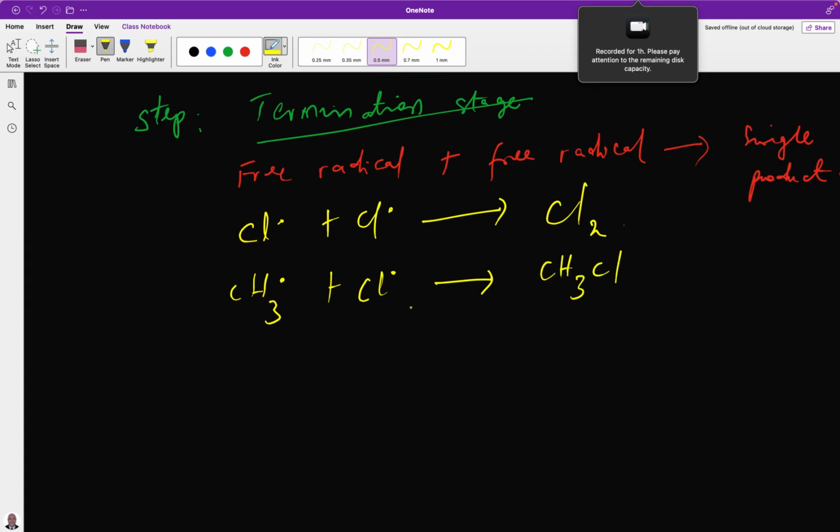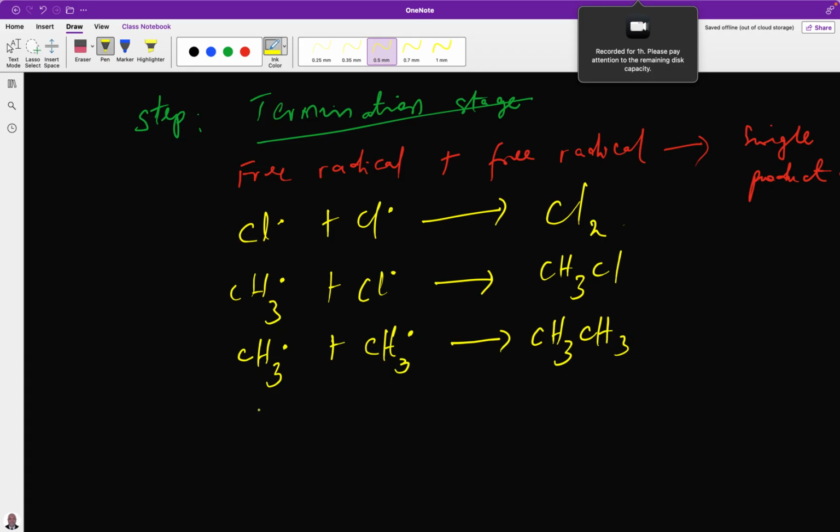You will have a free radical like this one, a methane free radical plus another methane free radical. We'll have what? An ethane molecule will be formed. Will be CH3, CH3. That is how you can do it.